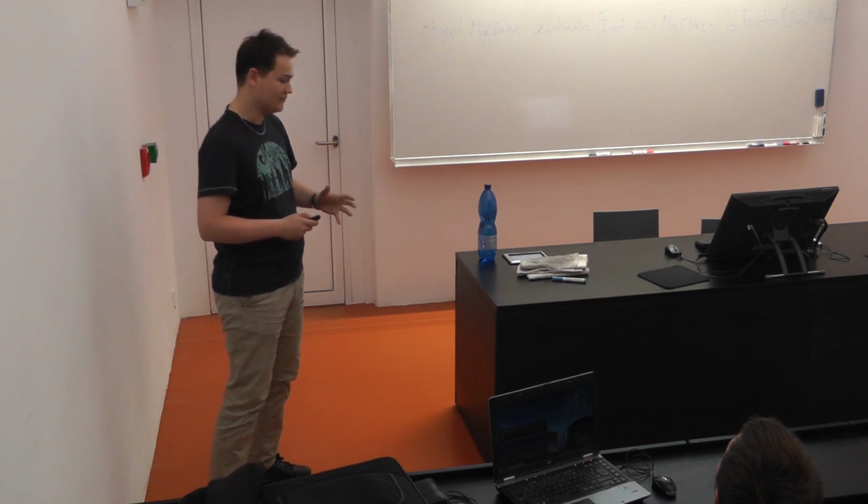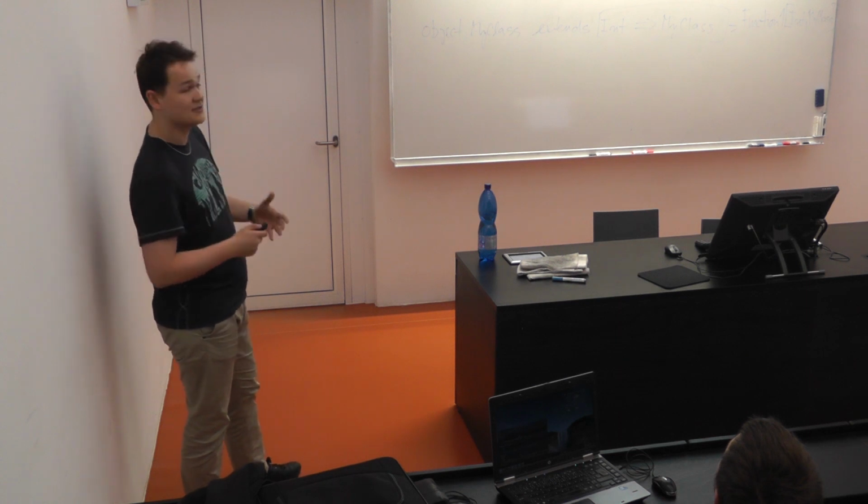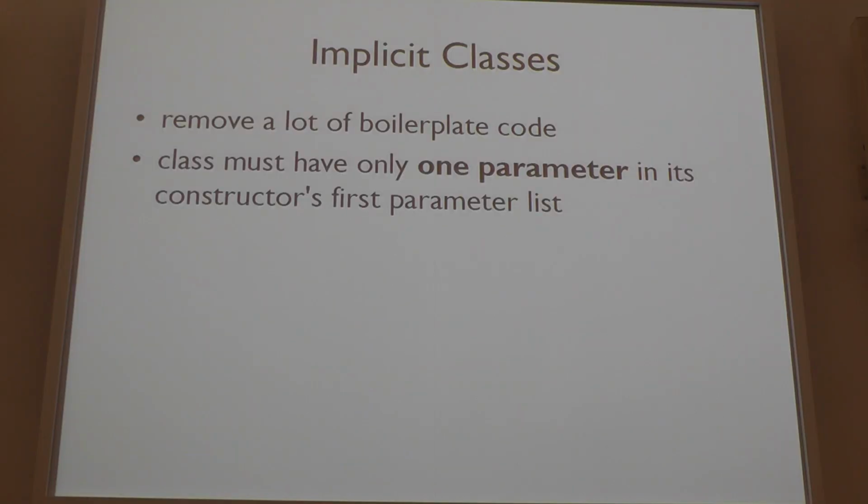And it's a lot of boilerplate code that can be generated for you, and implicit classes do exactly that. The limitation is that the class must have only one parameter list with one parameter. Or actually, its first parameter list must have only one parameter.